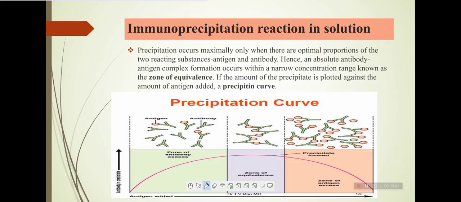Okay, see here, precipitation occurs maximally only when there is an optimal proportion. This is very important. An optimal proportion of the two reacting substances, antigen and antibody.